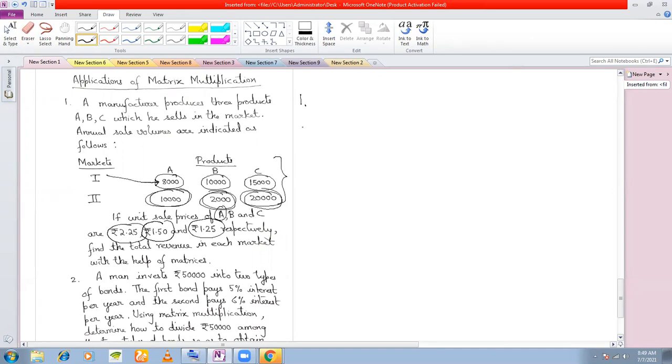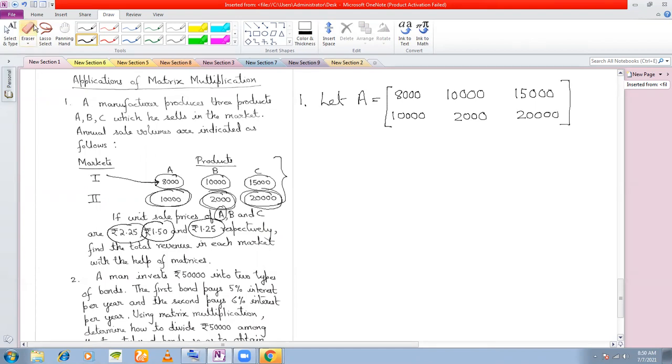Okay. So what we start here is we say, let A be the matrix. We can call this the product matrix. 10,000, 2,000, and you have 20,000.